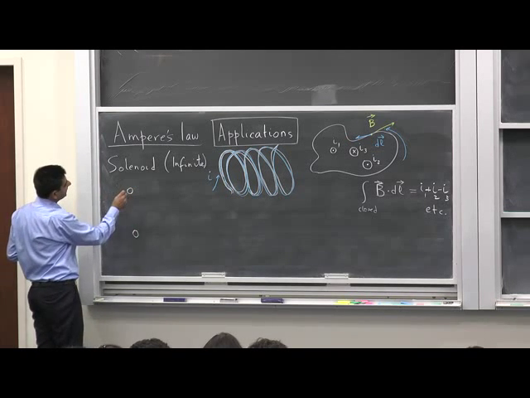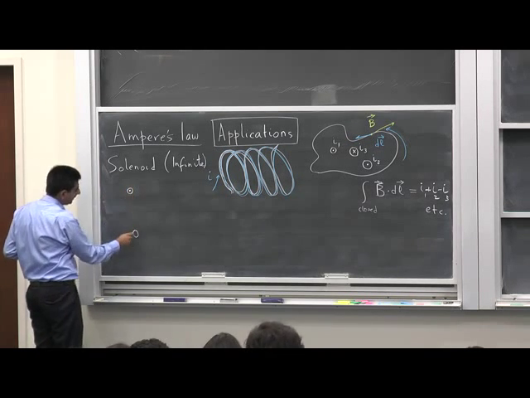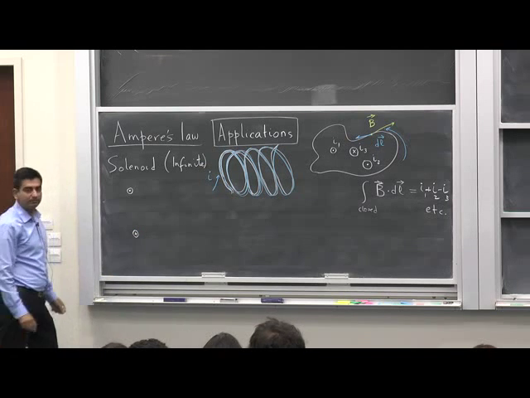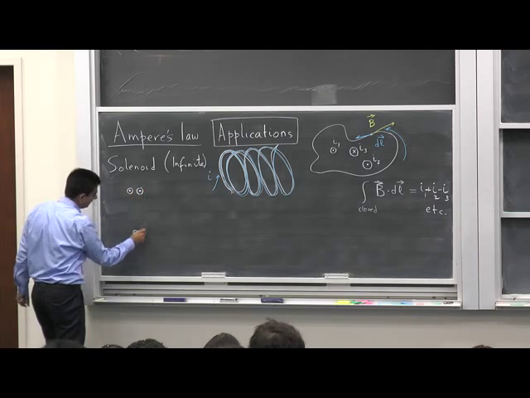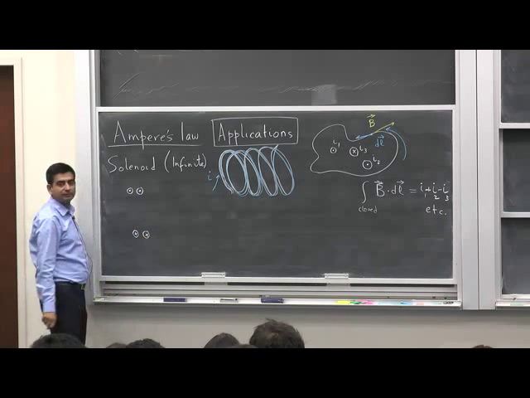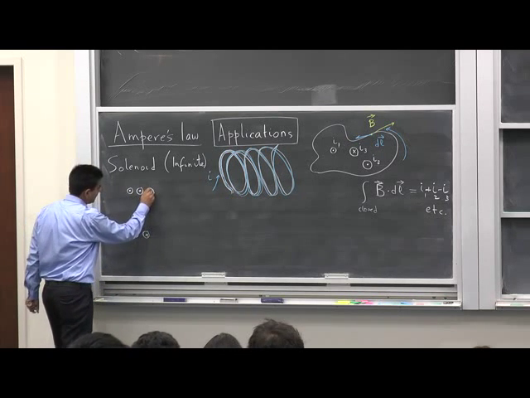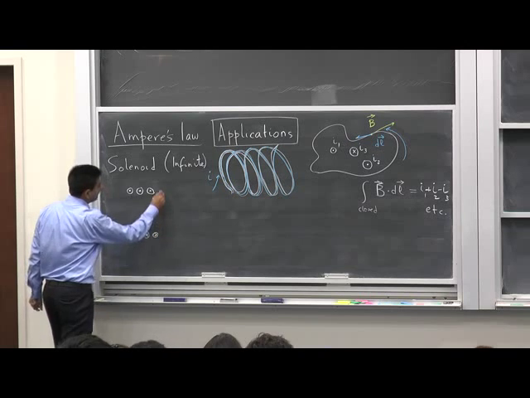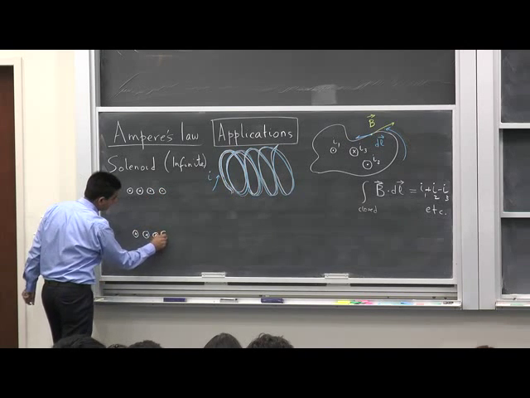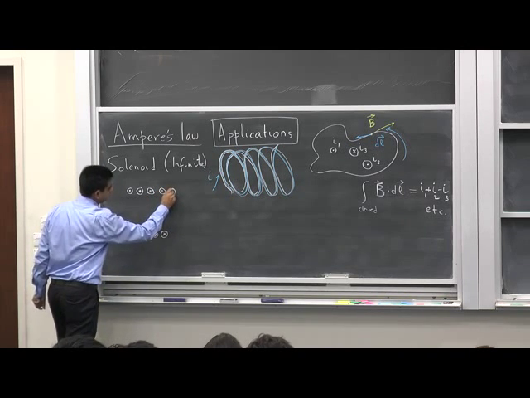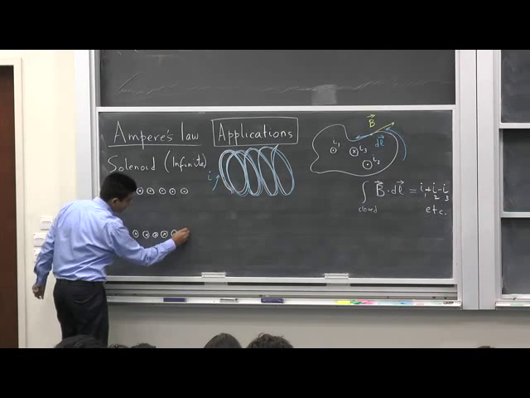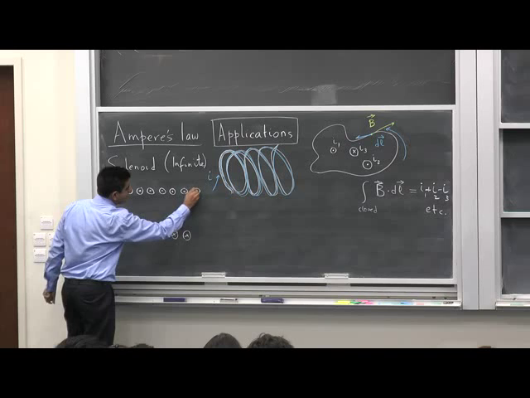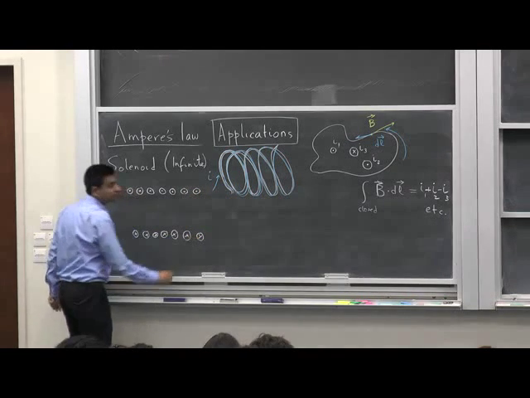I have a current that's coming out from the top and going in from the bottom. Then there's the next coil of wire. Then there's the next one. And so on.